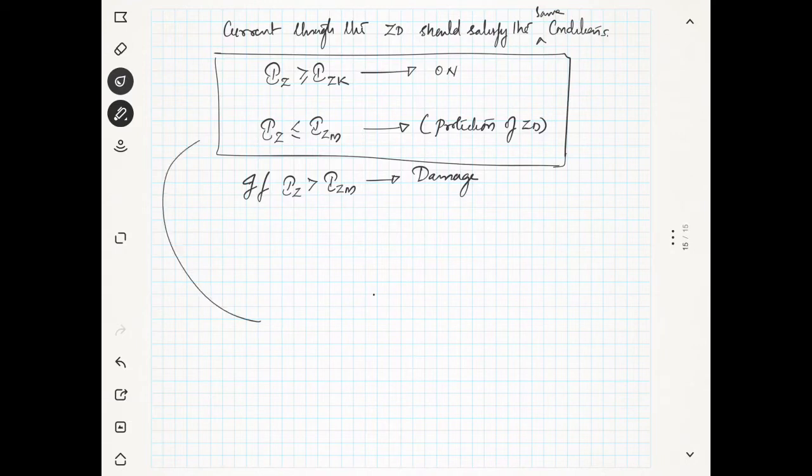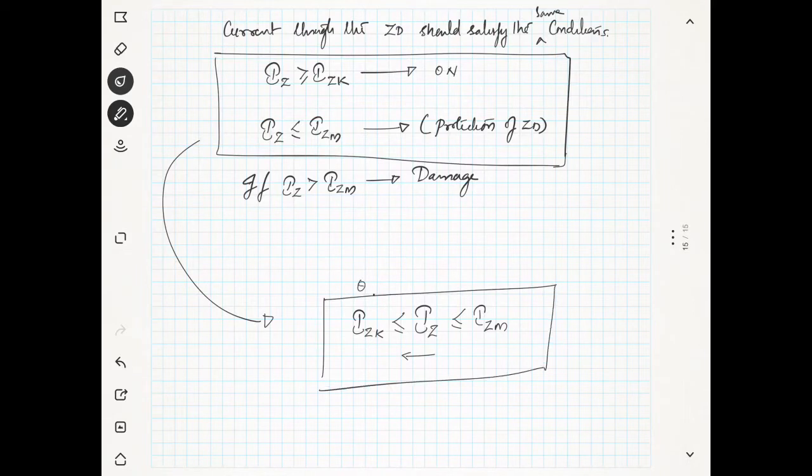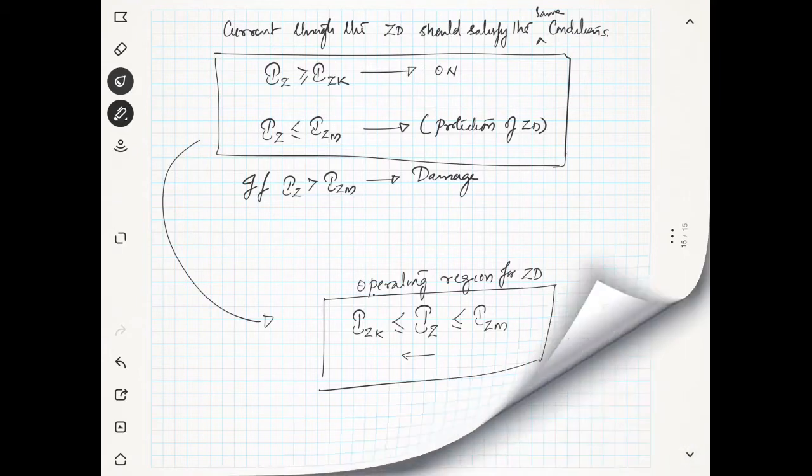In other words, Izk should be less than Iz and Iz should be less than Izm. This is the operating region for the Zener diode.